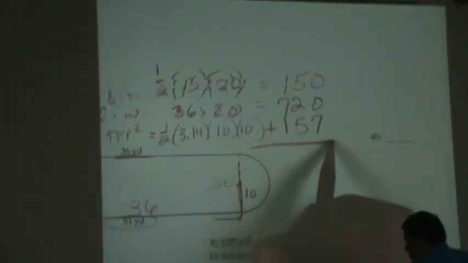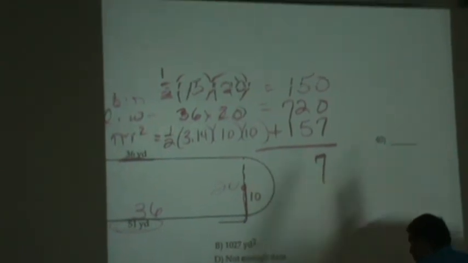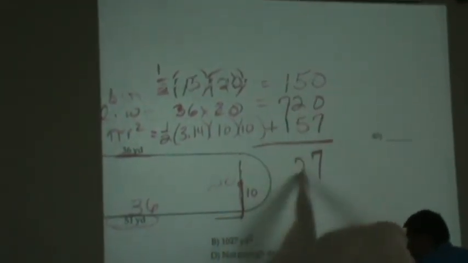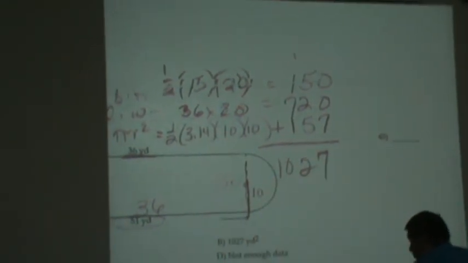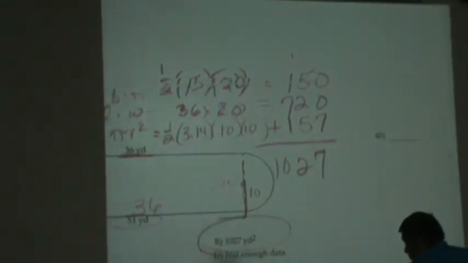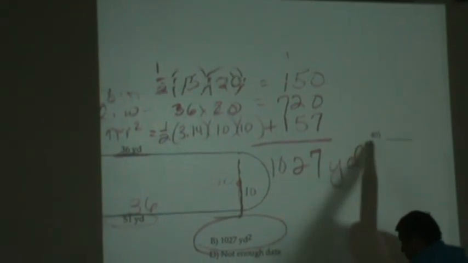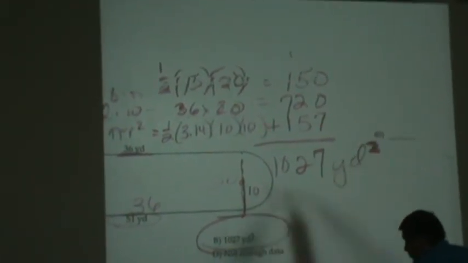Now add all those together. 1027 square yards. This is area, so don't forget the square.